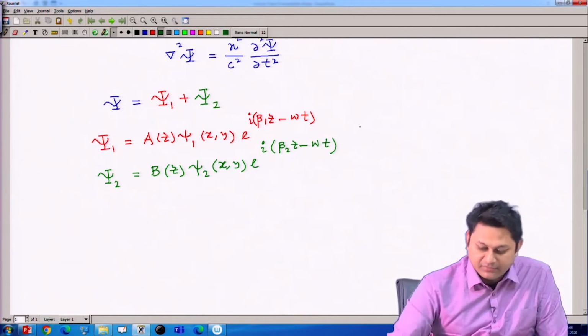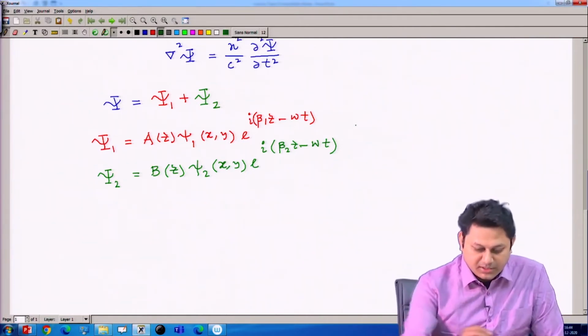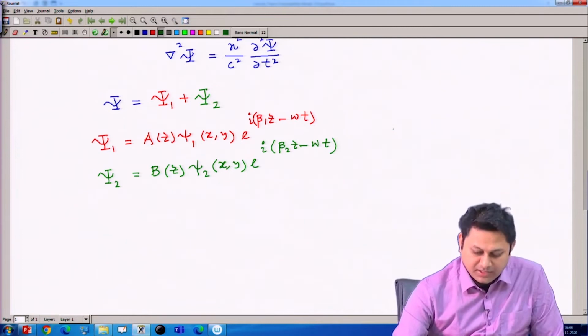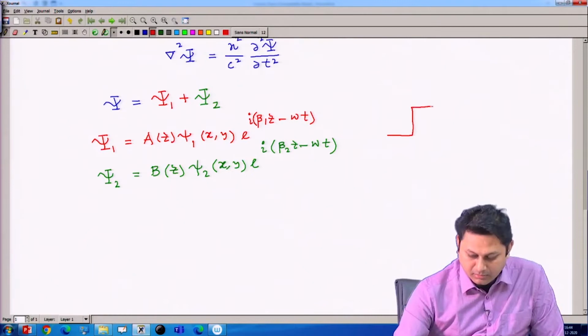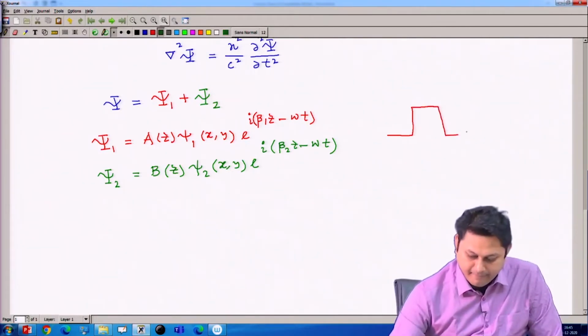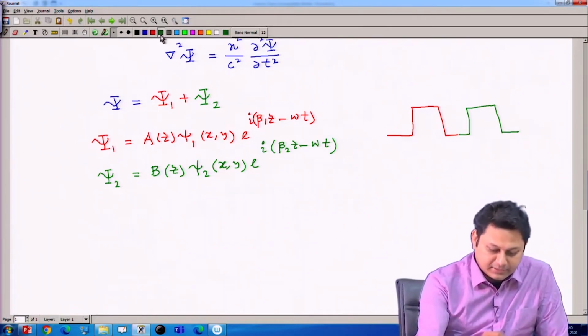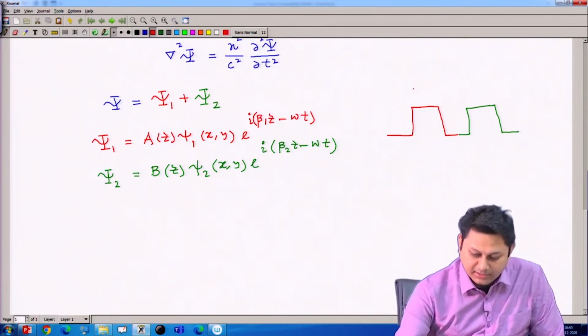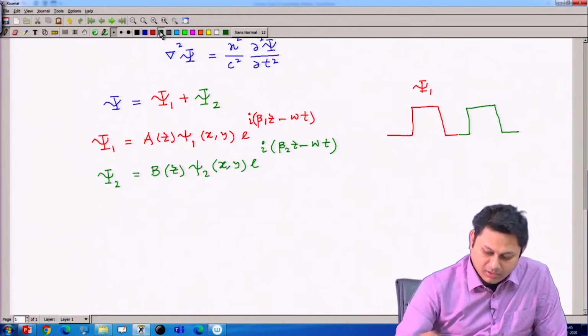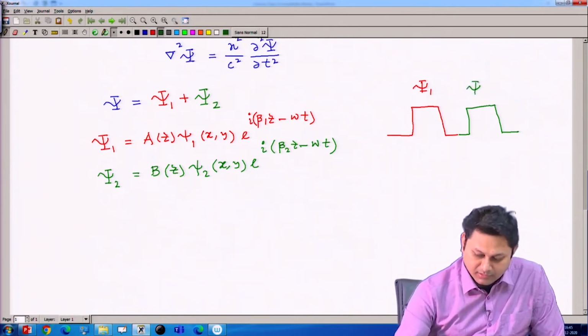So, this way I define psi 1 and psi 2, assuming these are the fields for these two waveguides, like this. So, this is one waveguide and this is another waveguide, and the fields are defined here in such a way that this is for psi 1 and this is for psi 2.